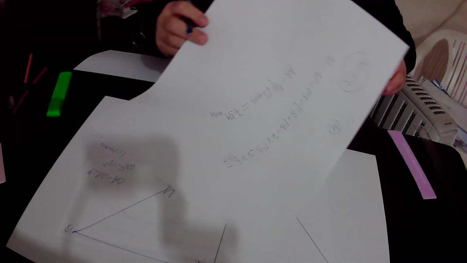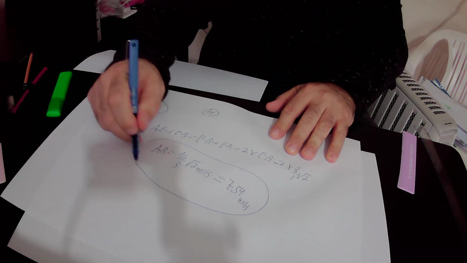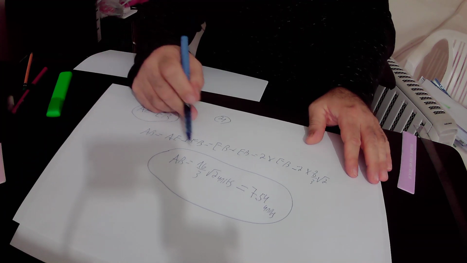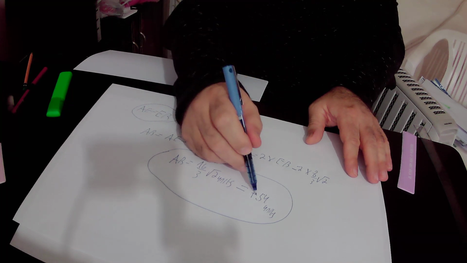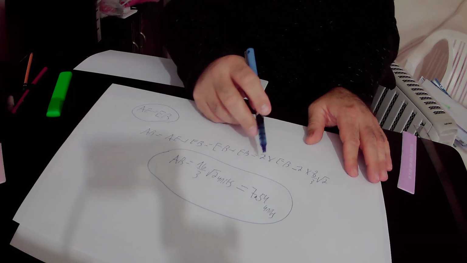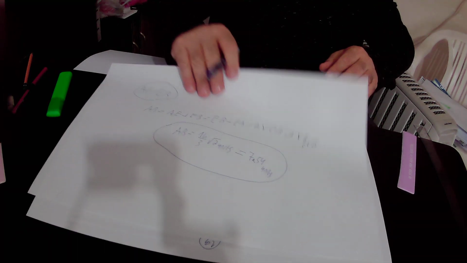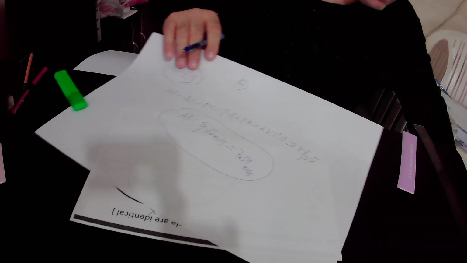I'll repeat again. AB, the chord that we are looking for, equals either 16 over 3 times square root of 2 units, or in terms of numbers, AB equals 7.54 units. We can see it also in the original drawing.